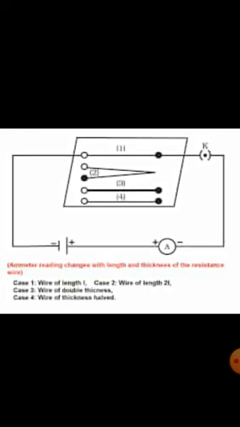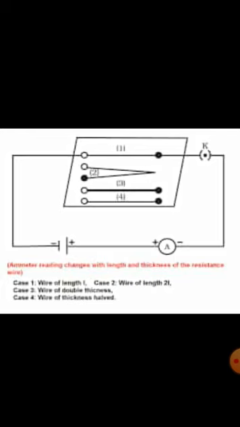The materials needed for this activity are nichrome wire of length L, mark it as 1. Now the second one is a nichrome wire of length 2L, twice the length as that of the first one.